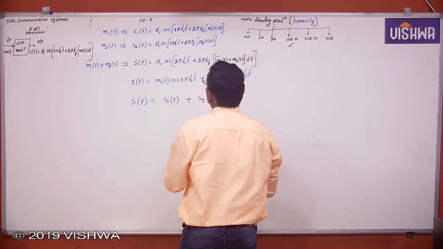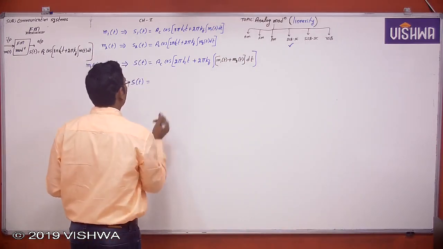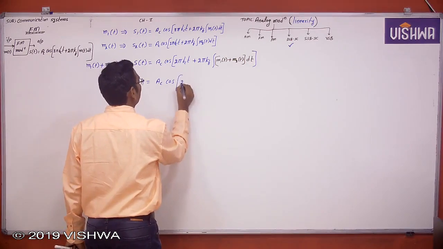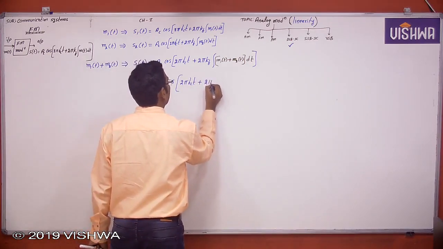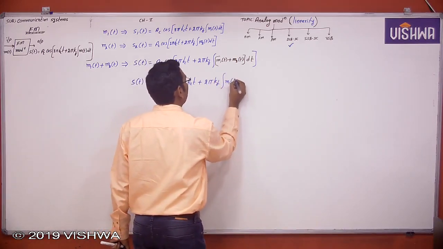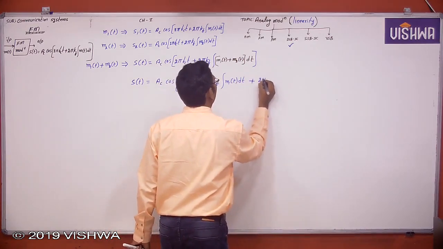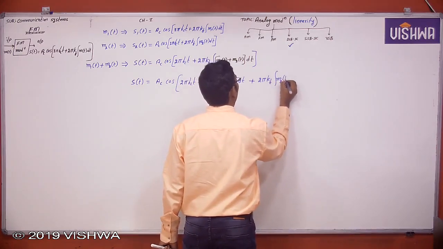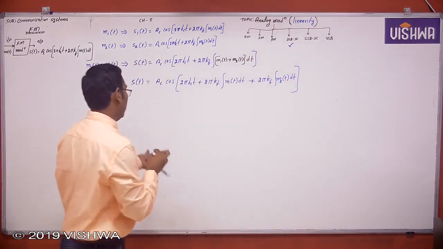So now definitely this is s of t, Ac cos of 2 pi fct plus 2 pi kf integral m1 of t dt plus 2 pi kf integral m2 of t dt. But what we want?